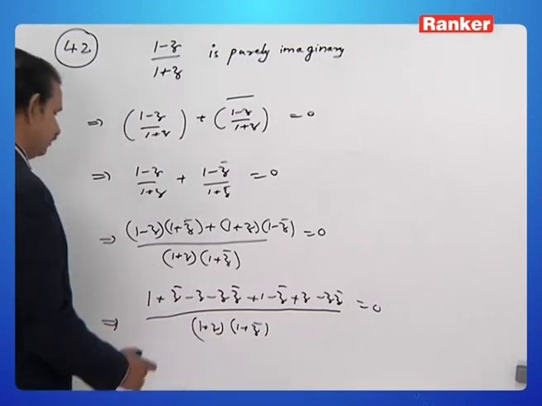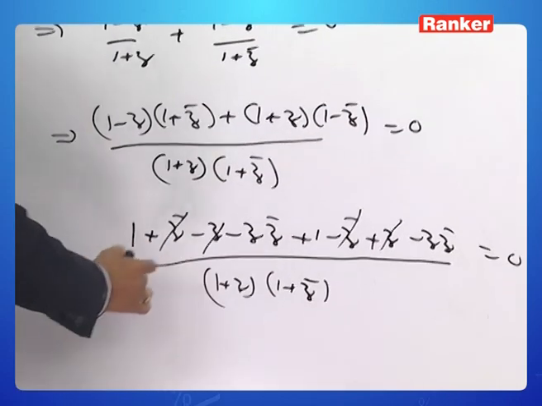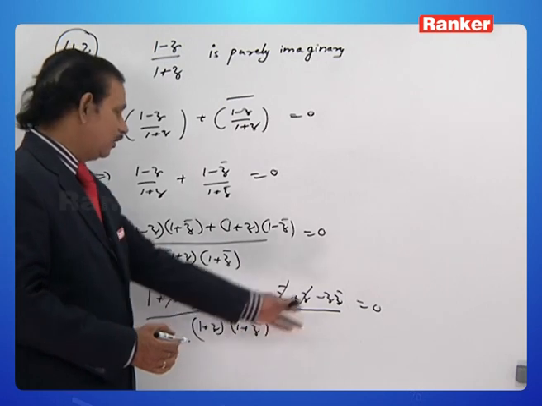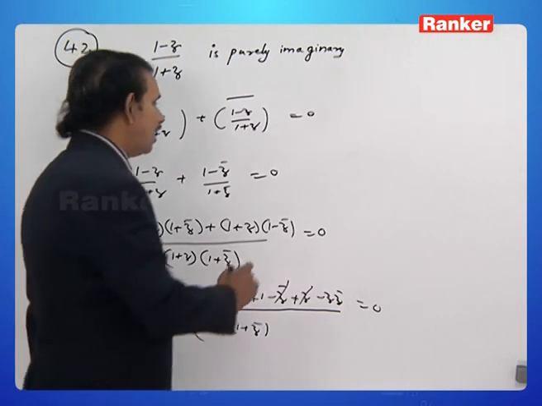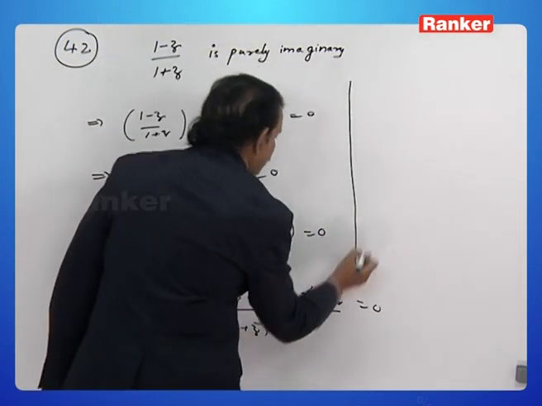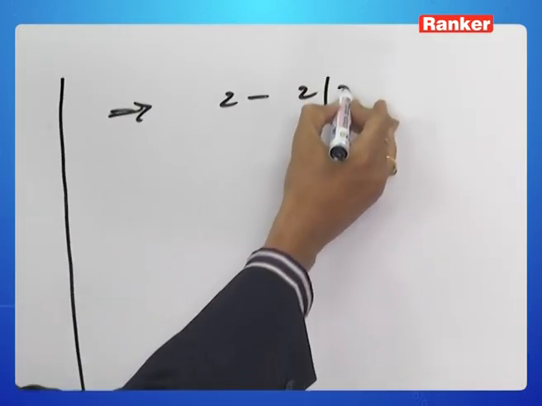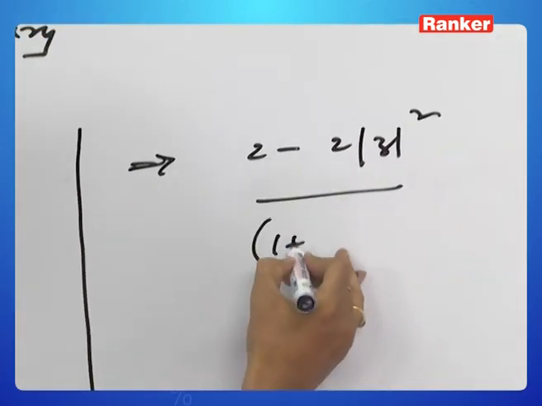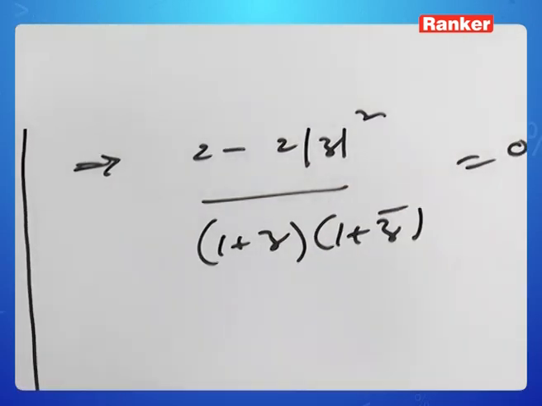Now observe that plus z and minus z, and plus z bar and minus z bar will go away. One is z z bar, what is z z bar? Mod z square. 1 plus 1, 2. All together the numerator becomes 2 minus 2 into mod z square, by (1 plus z) into (1 plus z bar), equal to 0.